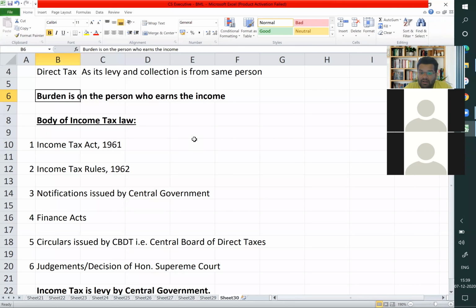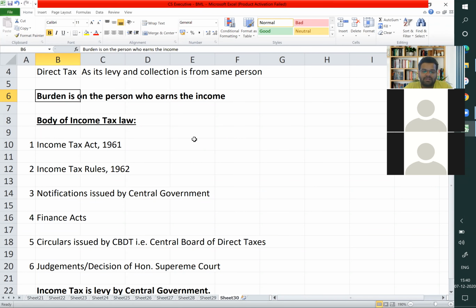What do I mean by judgments or decisions of the Honorable Supreme Court? If there is a litigation, and that litigation goes to the level of the Honorable Supreme Court, then the Supreme Court gives the decision in that litigation. That particular decision becomes the law of the land.